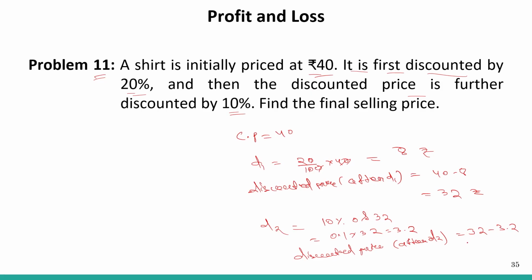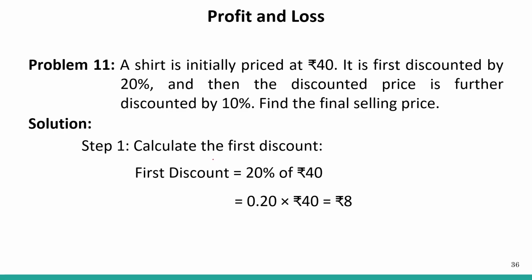So 29 minus 0.2 is equal to 28.8. So this much amount of rupees. Okay. So the final selling price is equal to 28.8 rupees.